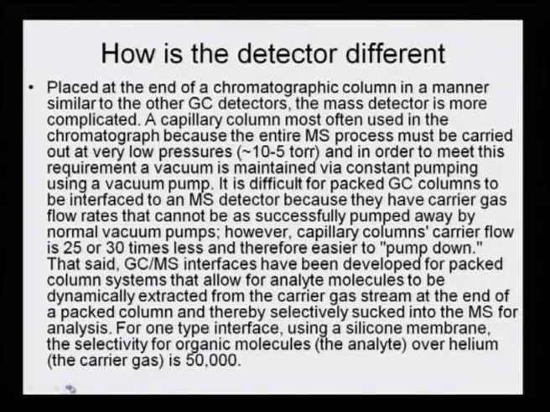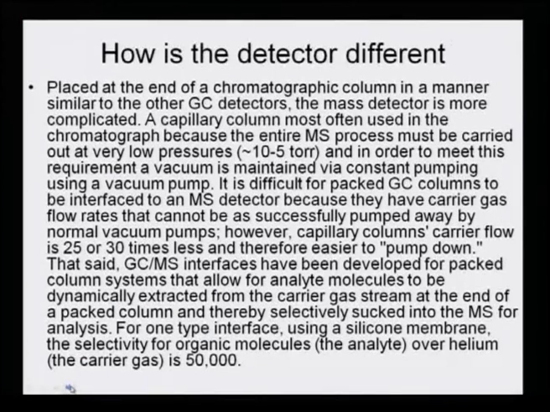In a manner similar to other GC detectors, the mass detector is more complicated and more sensitive. So, one has to keep in mind that once we have the mass detector in the machine, it automatically becomes more sensitive and is to be dealt with utmost care.